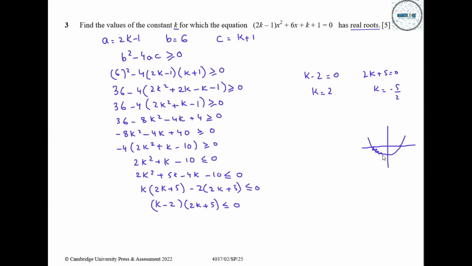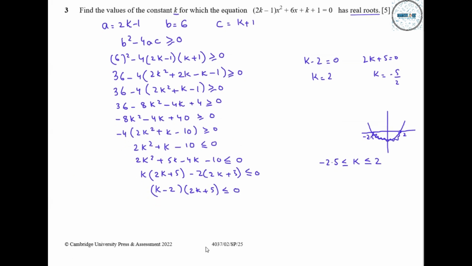So this is the lesser part of the curve. So here we have minus 2.5 and here we have 2. So we can write the values of k as greater than or equal to minus 2.5 and less than or equal to 2. So the values of k are from minus 2.5 to 2.